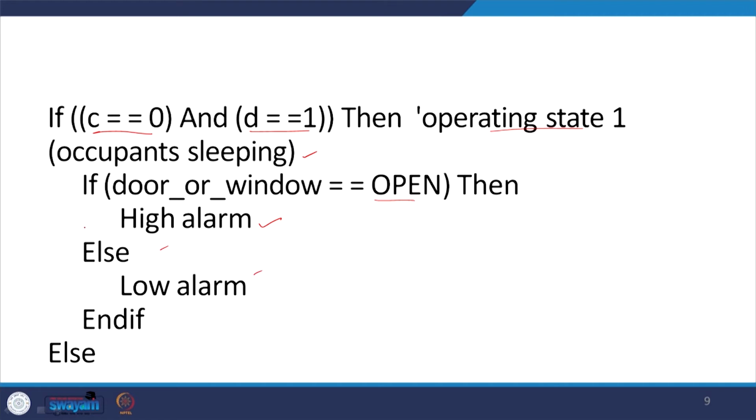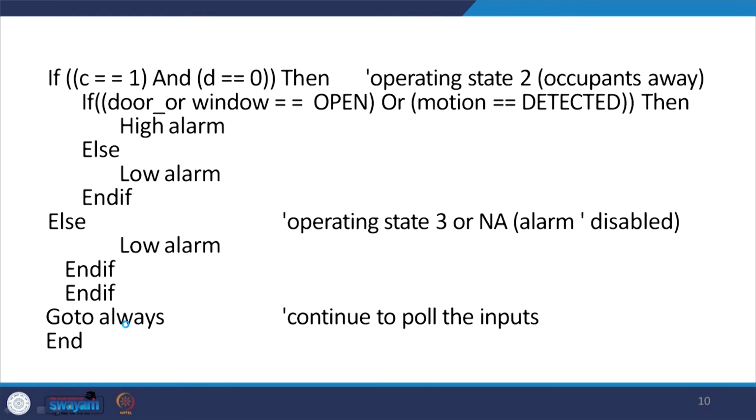And so, we have the end if statement to close the block, or else we have the second condition, that is the second operating state: if C is 1 and D is 0, that is operating state 2, occupants are away.